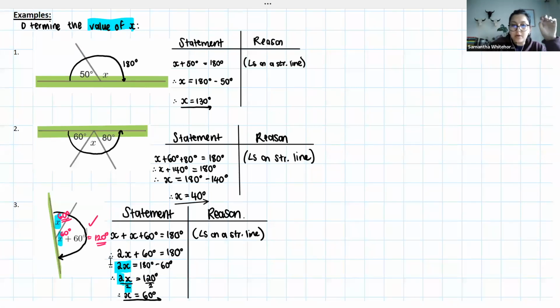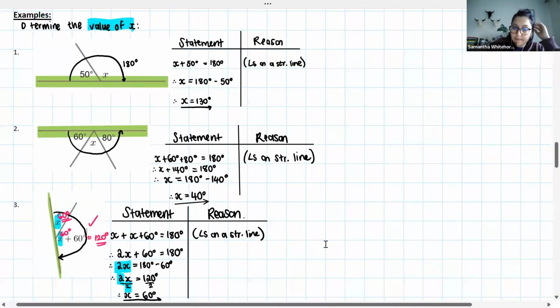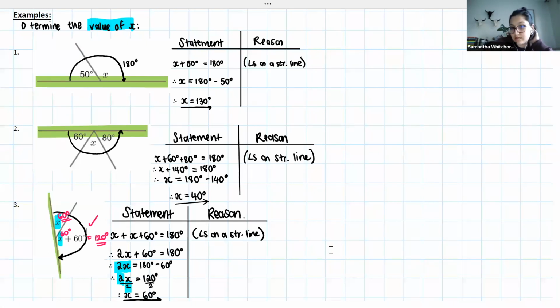Okay, Bokang? Ma'am, I wanted to ask, let's say instead of 2x's, it was x cubed, so x to the power of 3, would it still be the same? I'm going to be honest, Bokang, I have never seen a question where they have used an exponent for x.